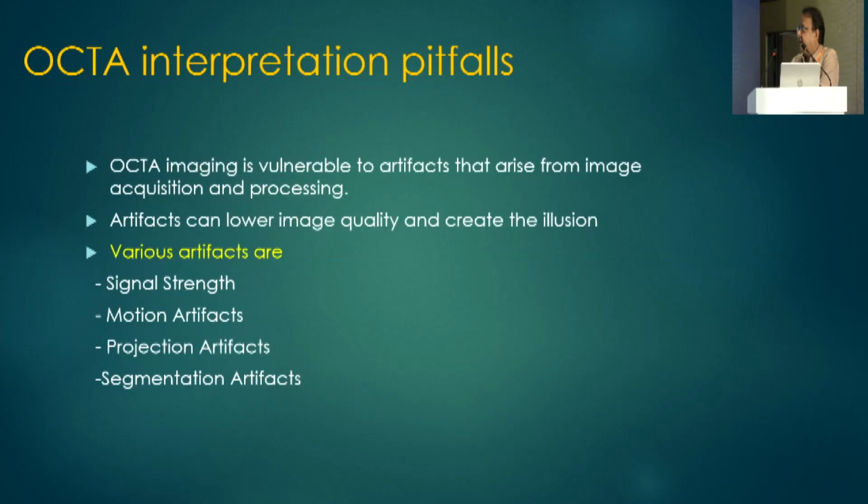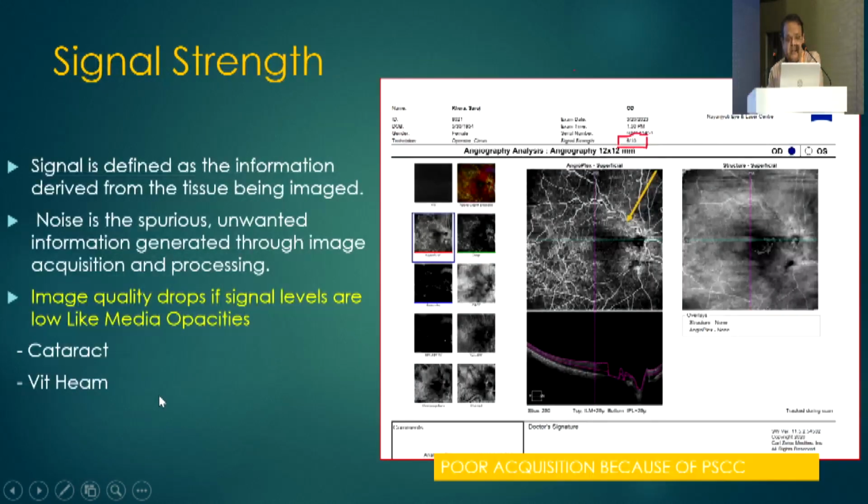Coming to the artifacts, there are various artifacts: signal strength, motion artifact, projection artifacts, and segmentation artifacts. Whenever you are interpreting an OCTA image, you always look at the signal strength which is given here, and you can see there is a loss of capillary perfusion in this area, and the B scan images are not clear.